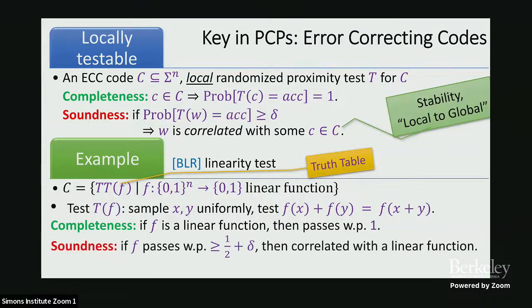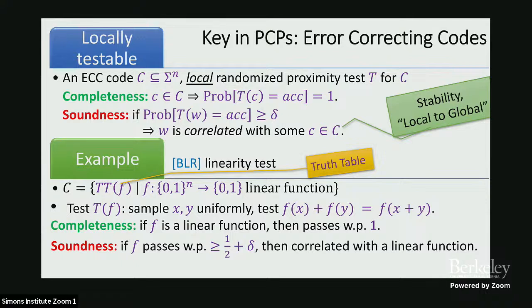And it's not hard, but not trivial, to show that if the test passes with probability slightly better than half, then it must be the case that you are correlated with a linear function.